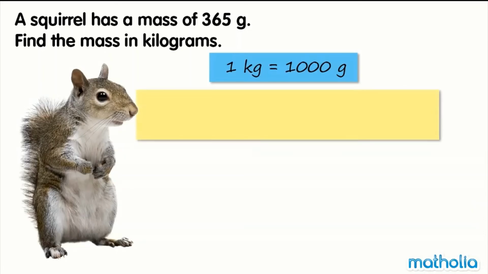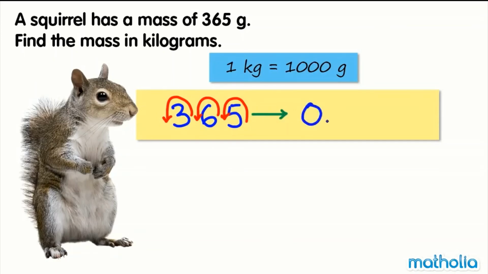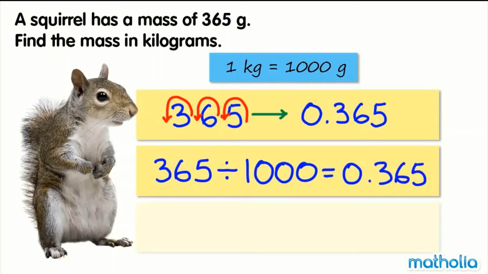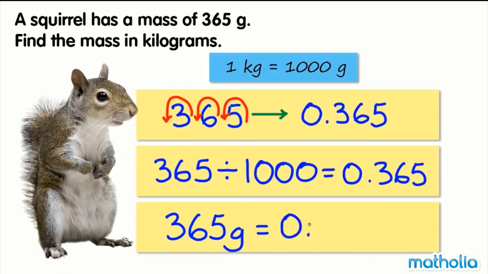Recall that we can divide by 1000 by shifting the decimal point 3 places to the left. 365 divided by 1000 equals 0.365. So 365 grams equals 0.365 kilograms. The squirrel has a mass of 0.365 kilograms.